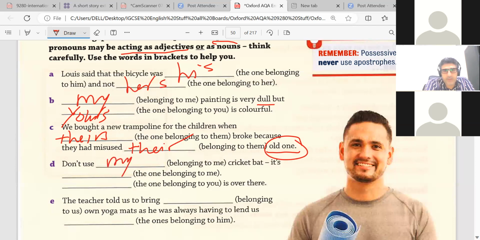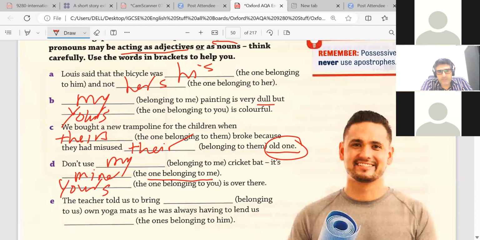Don't use my cricket bat. It's mine. Perfect. Yours is over there. Well done.